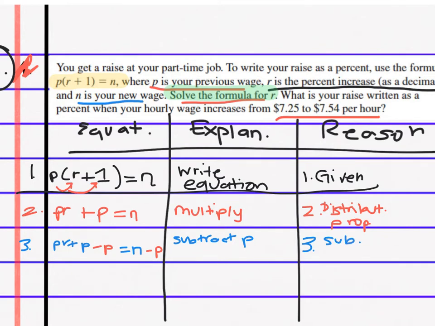If we're subtracting, subtraction property of equality. Let's simplify and see what we get. So then I'm going to get PR equals N minus P, right? Okay, we combined like terms, simplify.